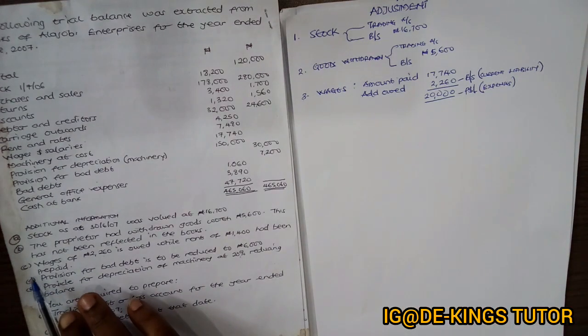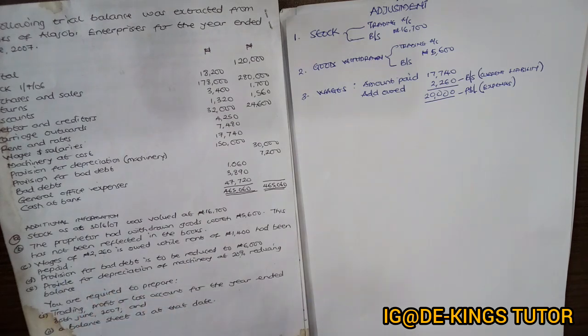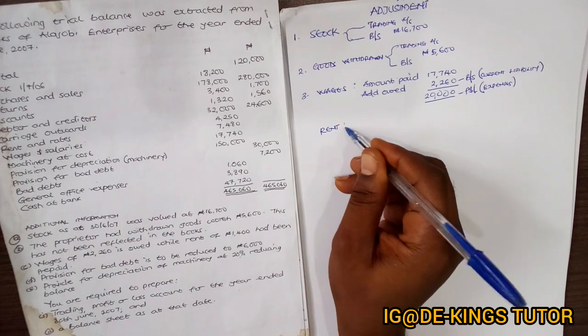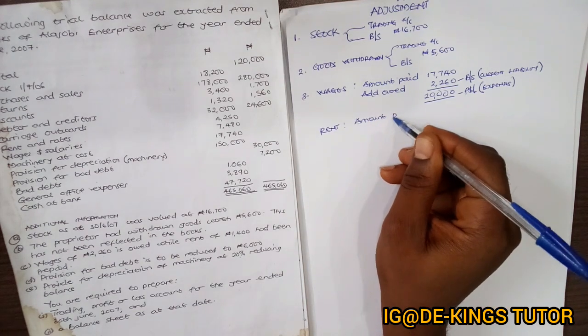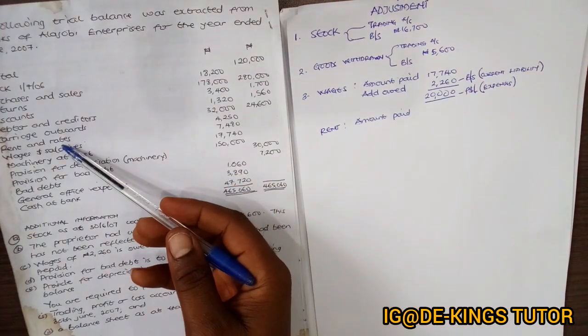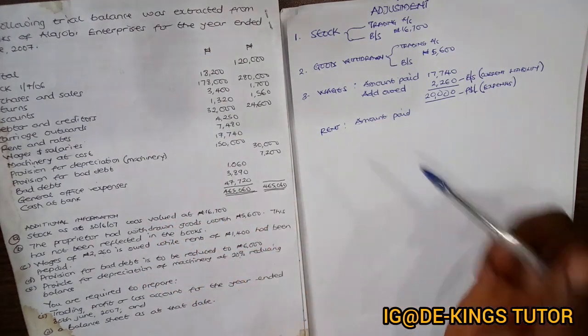Then the other one, they say rent of 1,400 has been prepaid. Still under rent, remember for prepaid we are going to deduct. We say amount paid; check the trial balance, look at rent, and the amount there is 7,480.